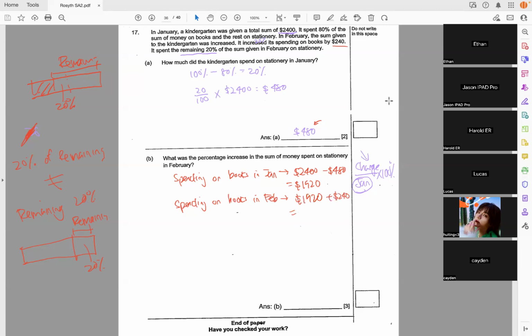So the amount spent on books is 2160. This is books, and it's 80%. So 80% on books in February is equal to 2160.